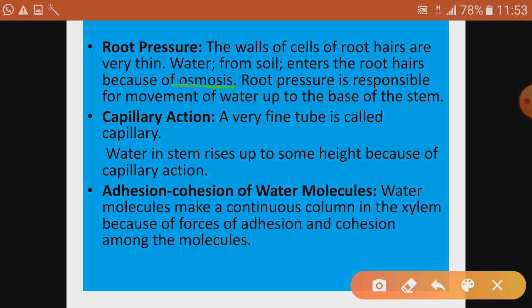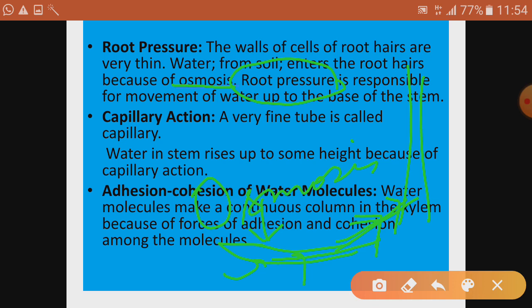Now the theory of root pressure says that root also exerts some pressure so that water can move upward. So the root has absorbed the water by the process of osmosis, then root also exerts some pressure, that is called root pressure, so that water can move upward in the xylem column, xylem pipeline.